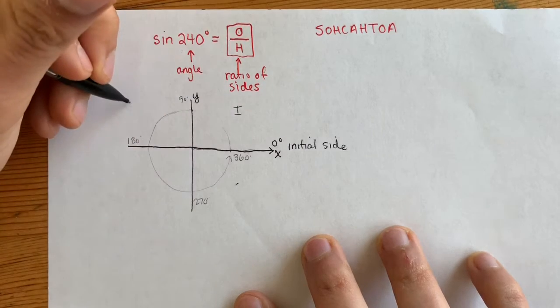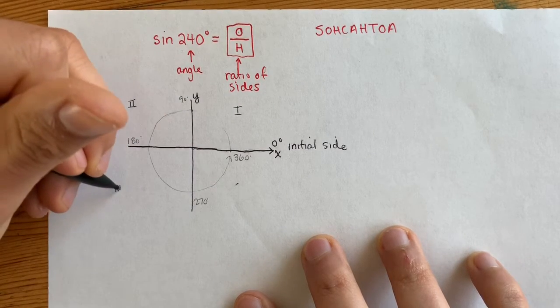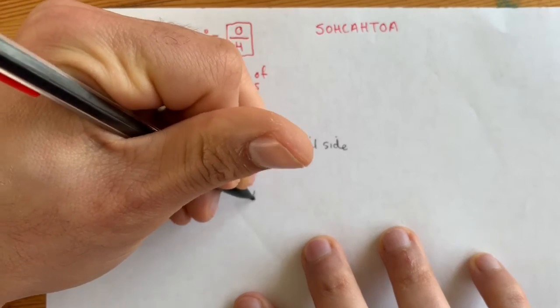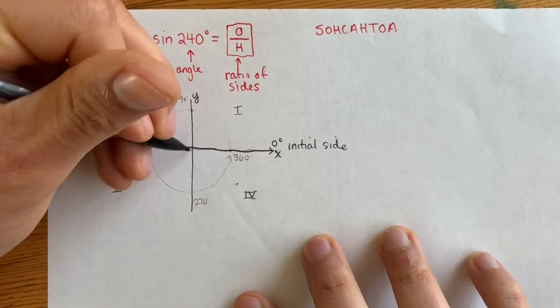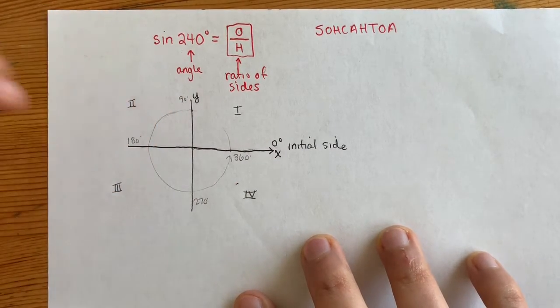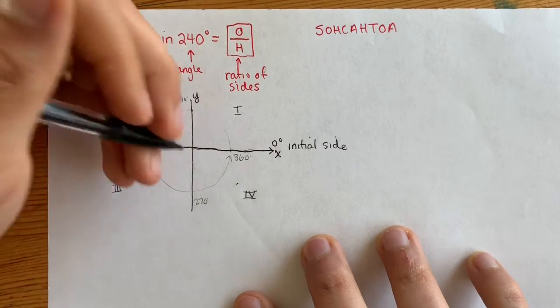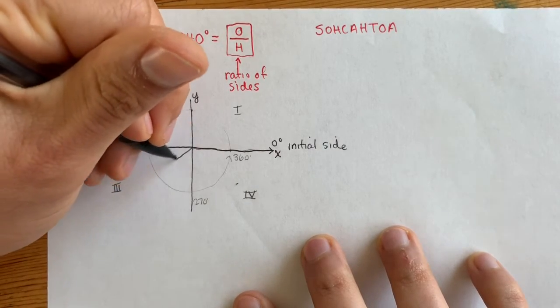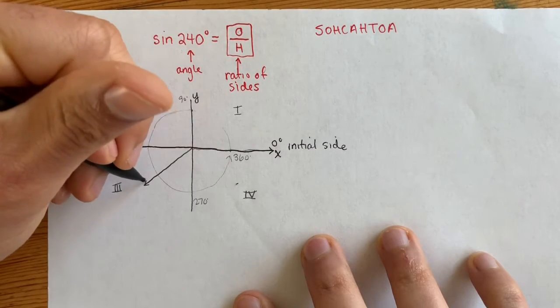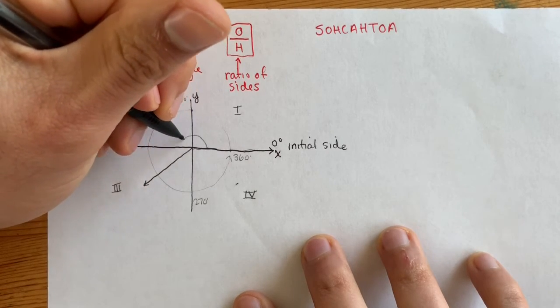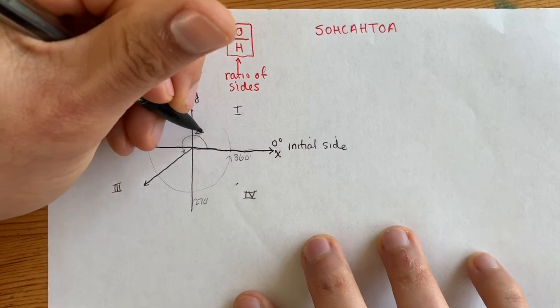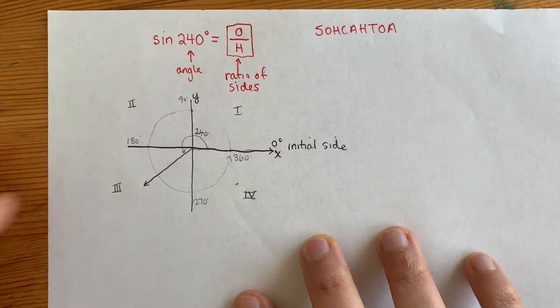This is quadrant 1, 2, 3, and 4. So I'm somewhere in this quadrant here. When you draw in that quadrant, I don't care if it's exactly where 240 would be, it's just in that quadrant. You're going to draw your angle. So 240 went from here to here, 240 degrees.